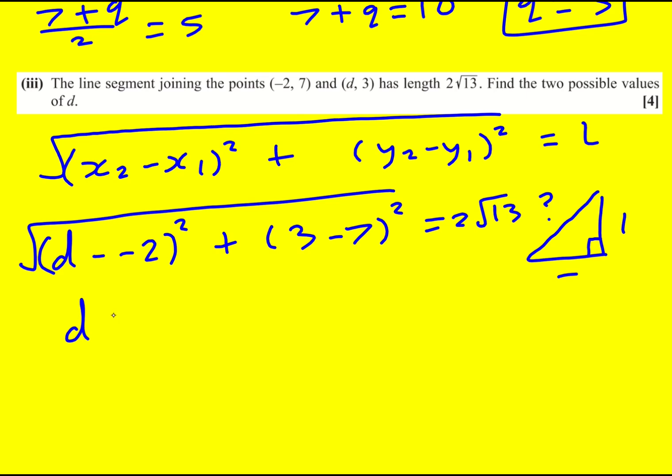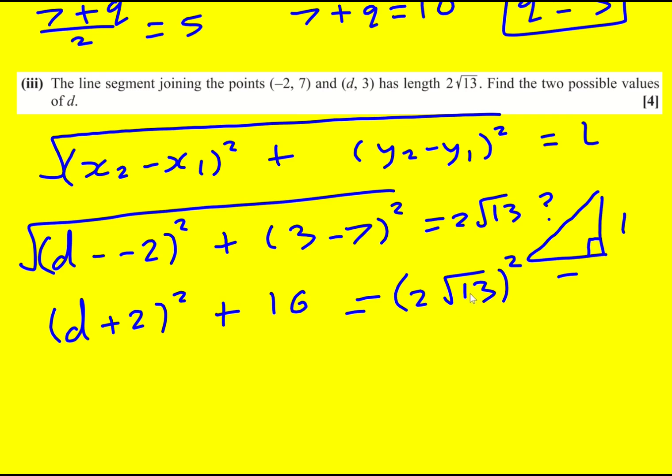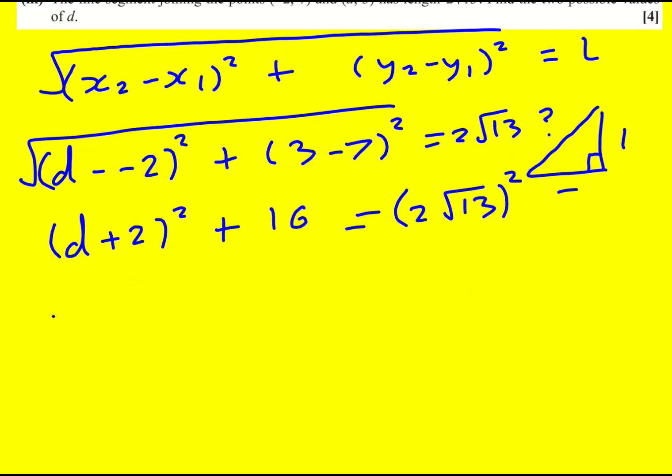And that's going to become d plus 2 squared, and this is minus 4 squared, so I'm going to get 16. Now I can leave the square root around it, but I can actually square the other side. Okay, it's better to get rid of the square root because now I'm dealing with an equation without one. I'm going to expand. No, I'm not. I'm going to leave this as it is, d plus 2 all squared plus 16.